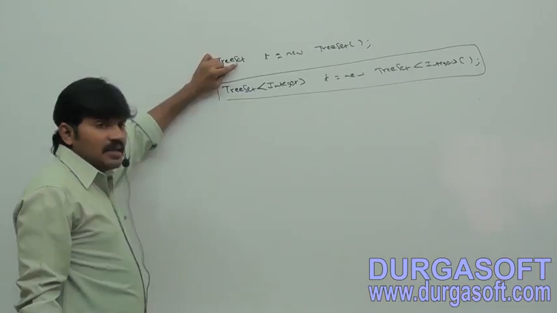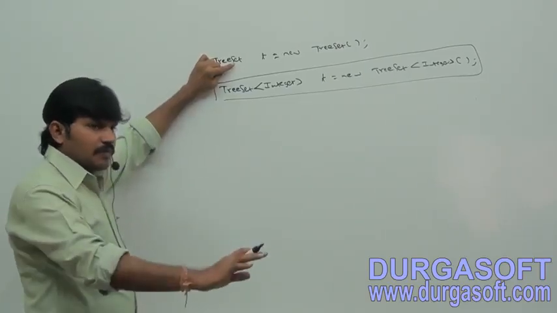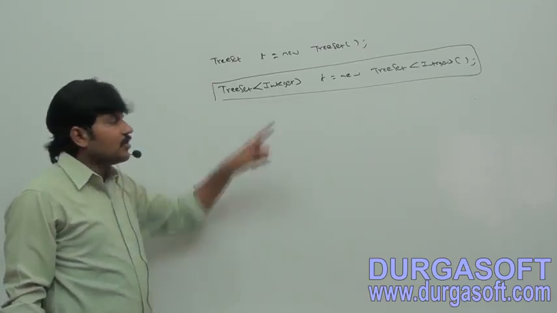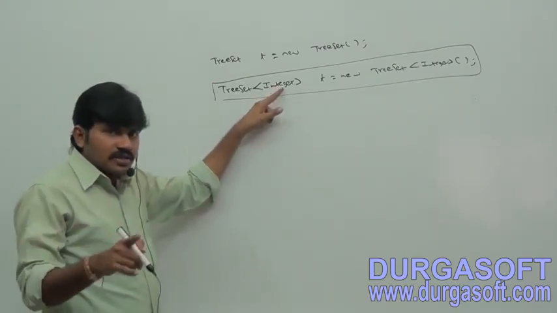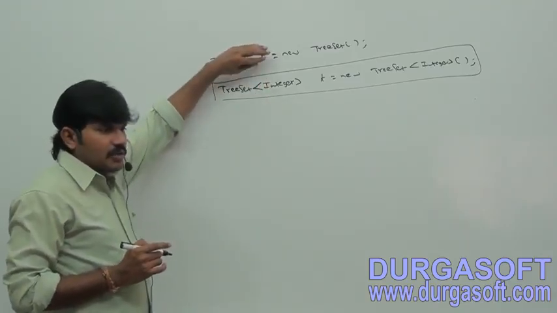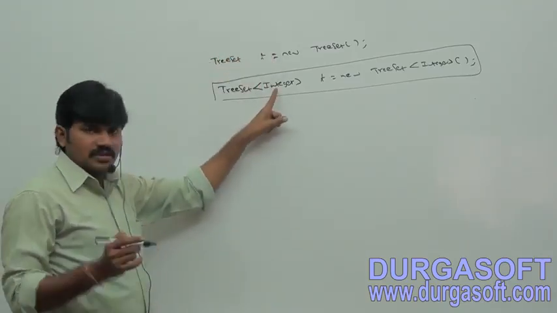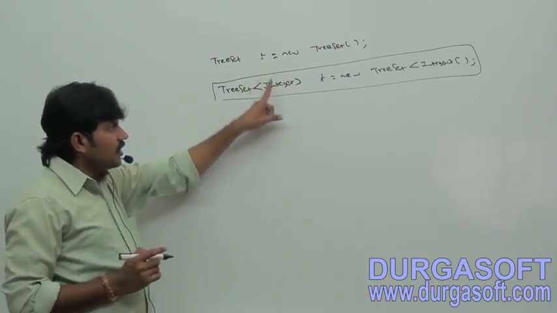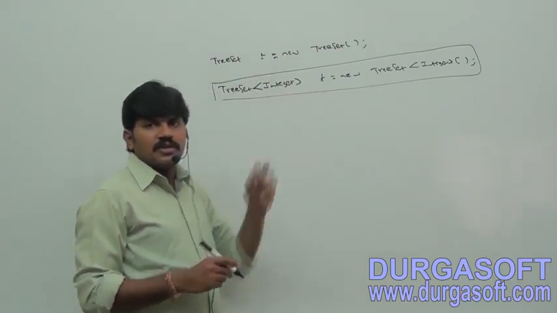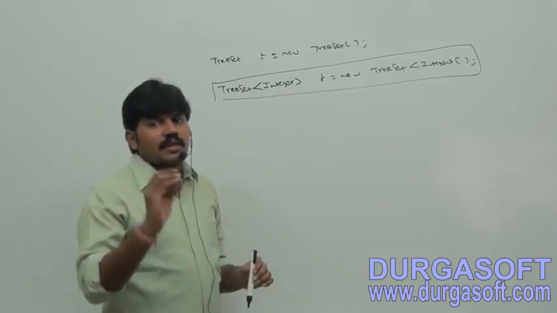In the first we can add any type of object, but here we can add only Integer type. This one is the generic version of TreeSet, the other is the non-generic version. I will explain generics in detail later. So for this TreeSet we can add only Integer type of objects.